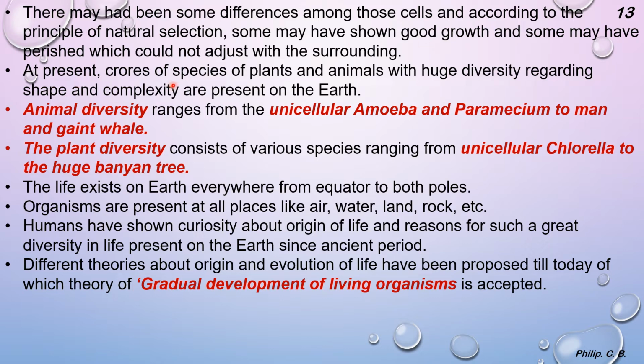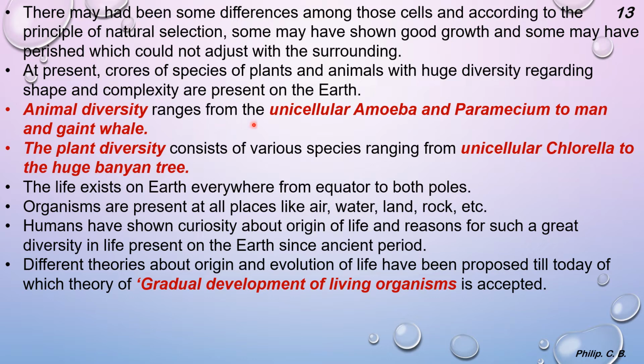At present, crores of species of plants and animals with huge diversity regarding shape and complexity are present on the earth, as all of you will know about different species, or as I showed in the previous slide, how from a unicellular prokaryote, then prokaryote and eukaryote, further multicellular species are formed. So there are thousands and millions of species.